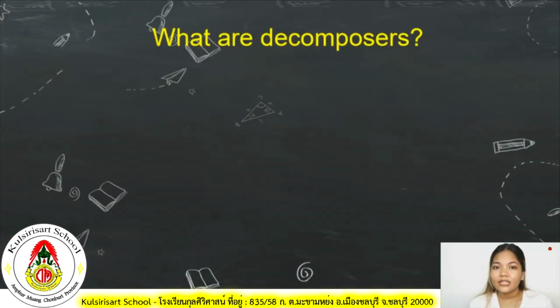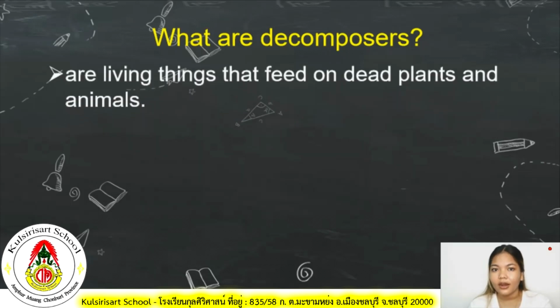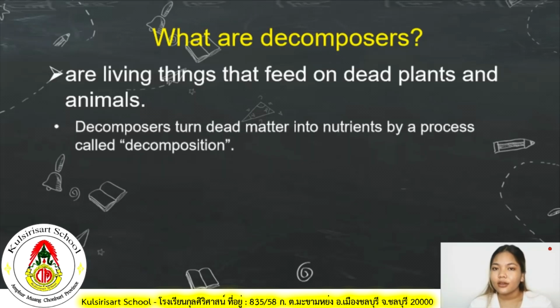Now, for the last part of our video, we will discuss what are decomposers. So let's define what are decomposers. Decomposers are living things that feed on dead plants and animals. Decomposers turn dead matter into nutrients by a process called decomposition. So I want you to take note of this one, decomposition.